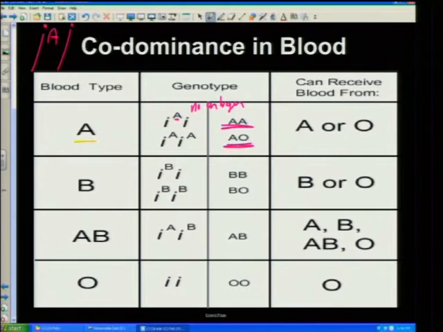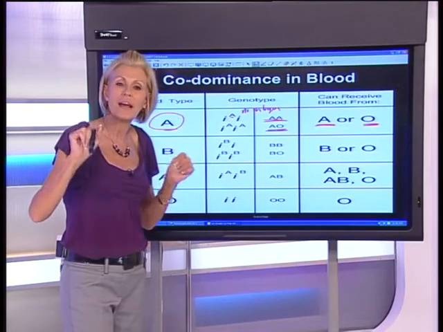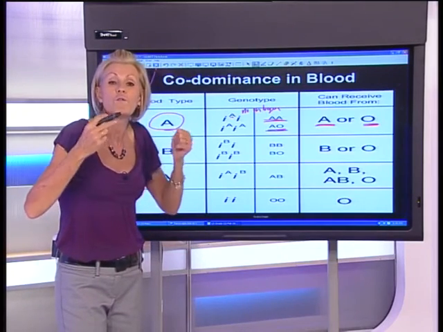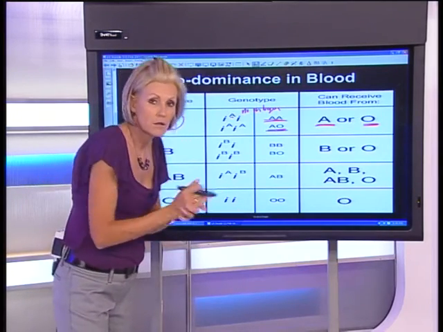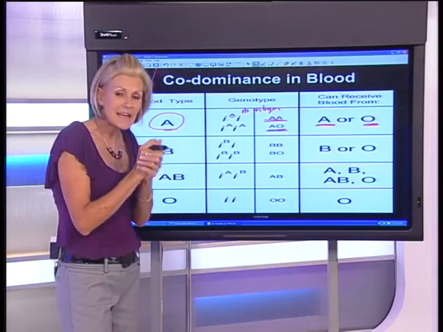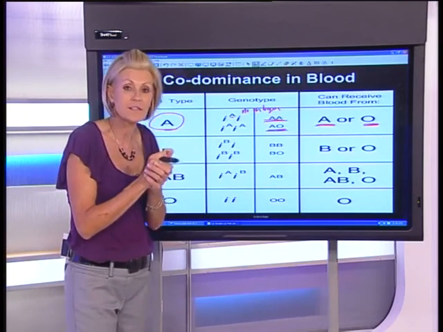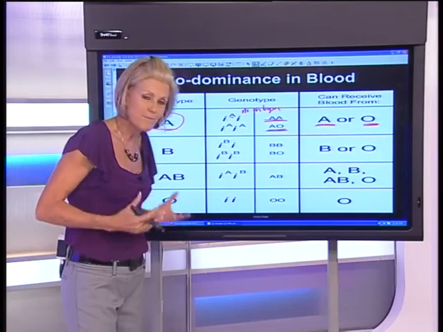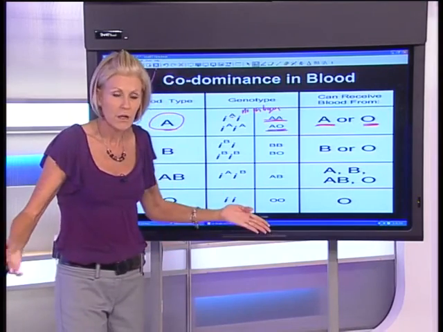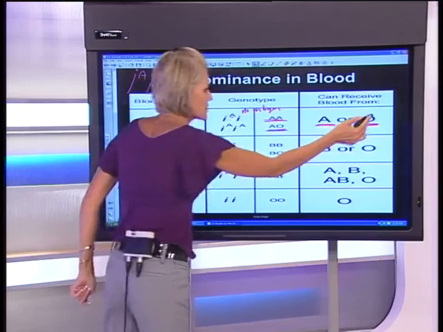So they can receive blood. If you are group A, you can receive blood from other A's, or you can receive blood from O. That's why we say that anyone with blood type O is a universal donor, because they can give blood to anyone, because O is compatible.